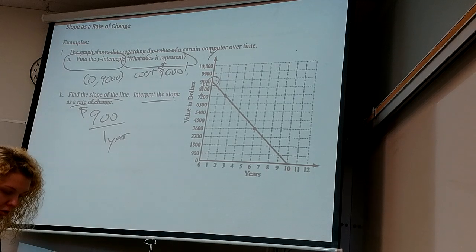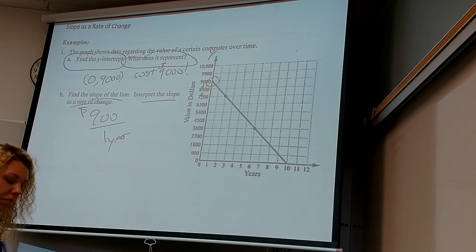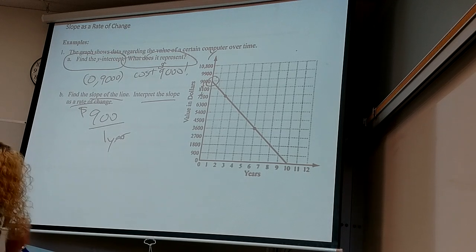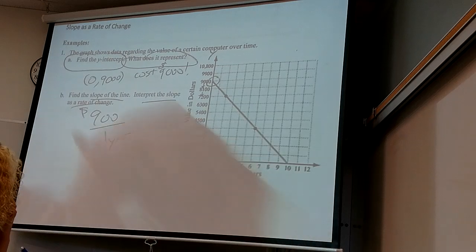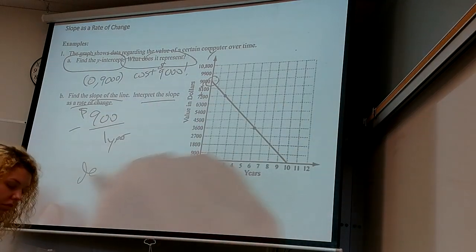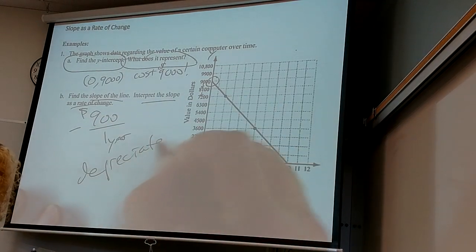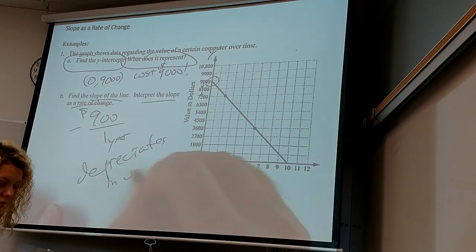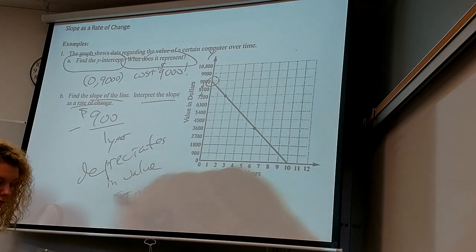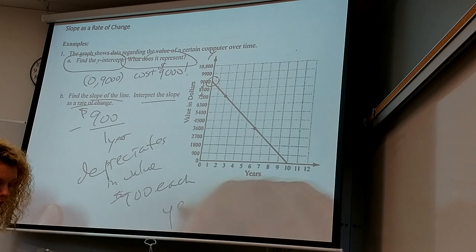Going down. You're depreciating in value $900 a year. Would you write that as a negative 900? Yes, I love it. So: depreciates in value $900 each year.